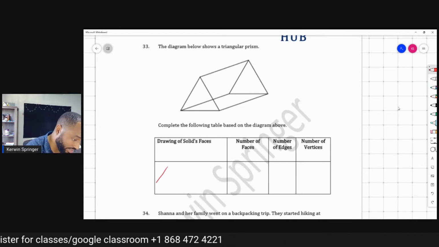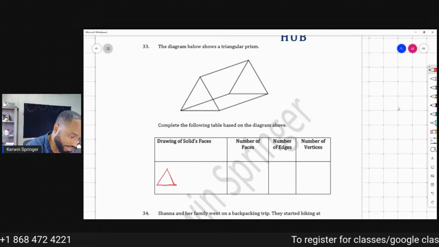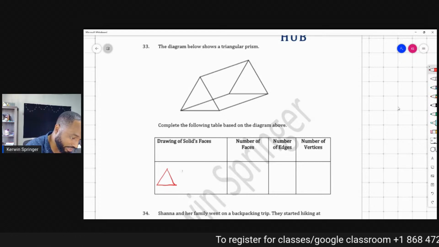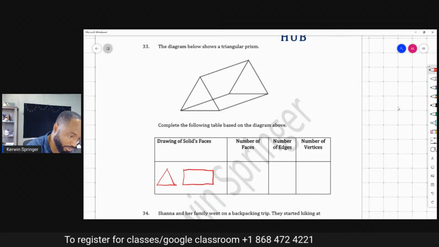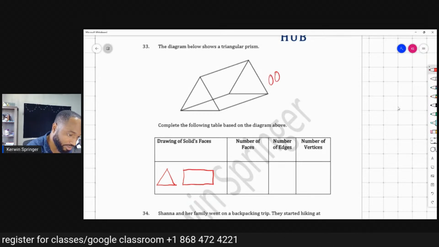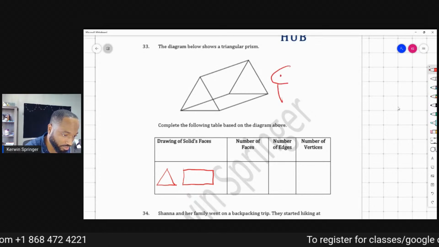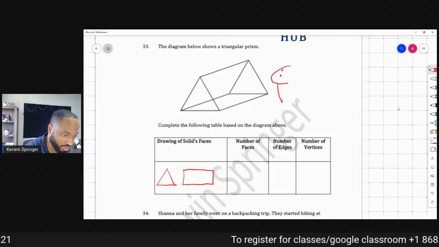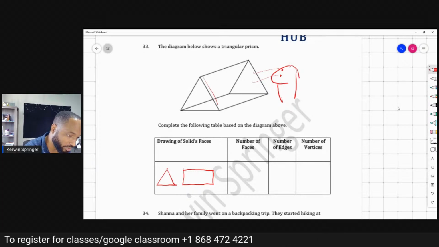Well, I see a face that looking so, and I see a face that looking so, a rectangle. Because think about it, if I was over here, watching down on that face there, I would see a rectangle watching me back there.